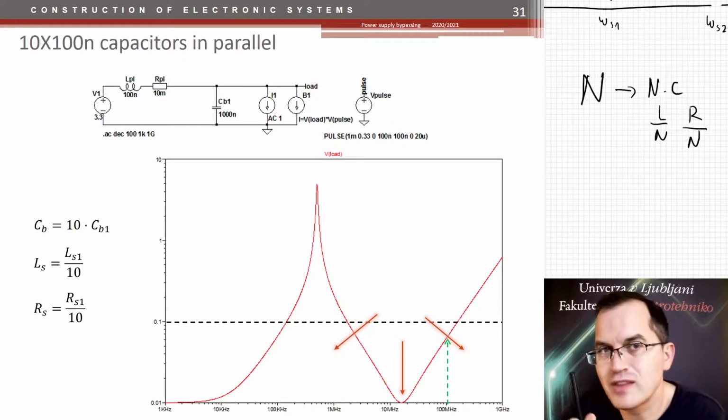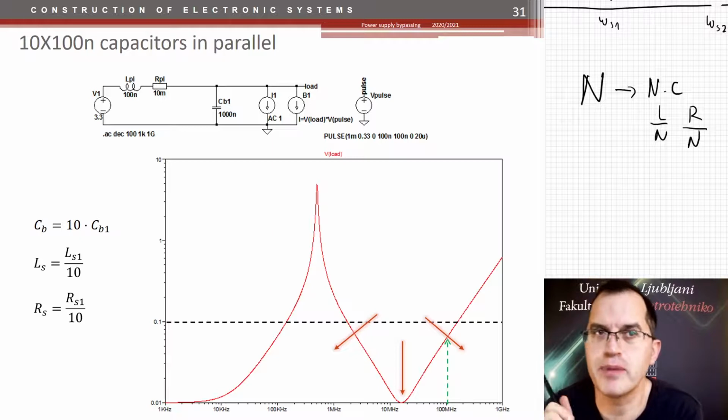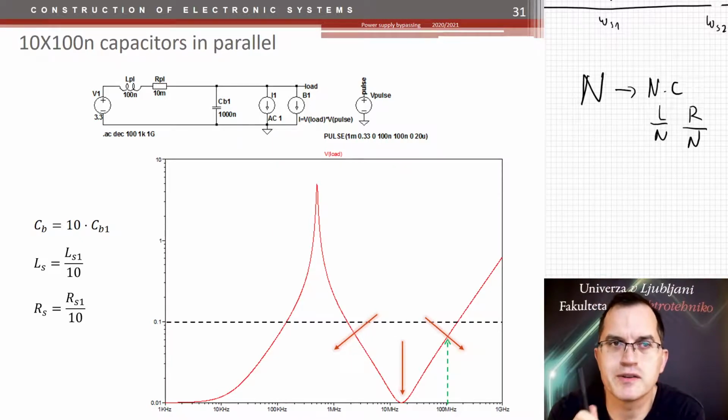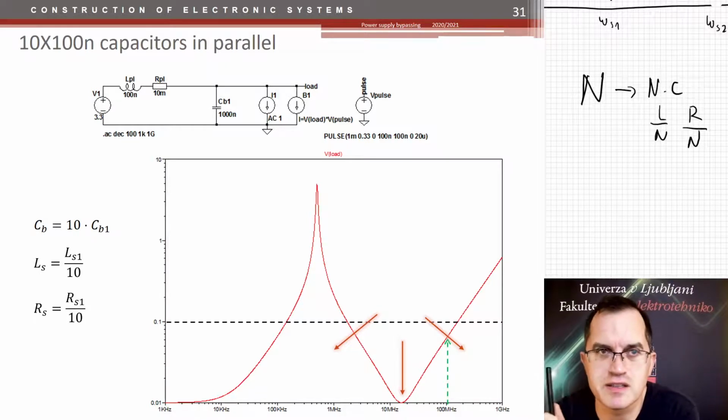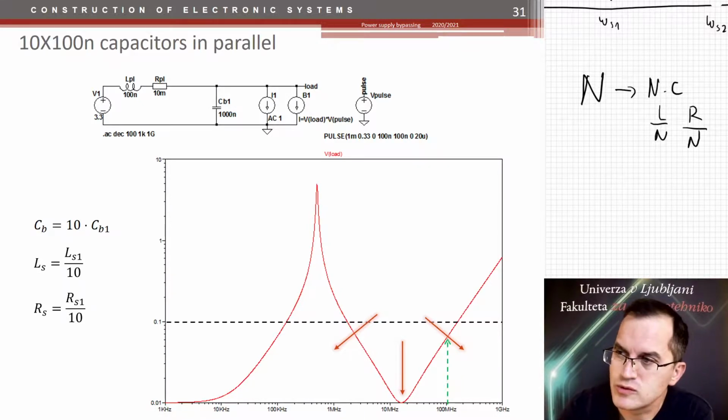I now put 10 of these capacitors in parallel. So I got 1 microfarad of equivalent capacitance, but 10 times lower series inductance and series resistance. So my impedance is now lower in the whole high frequency range. Cool. Well, we still have a problem, don't we?